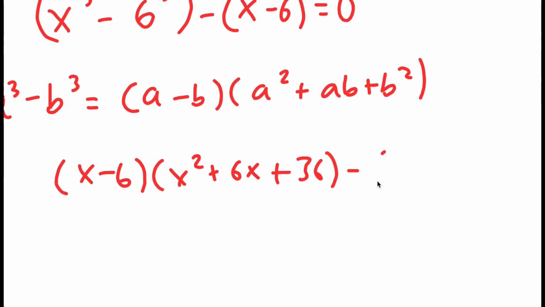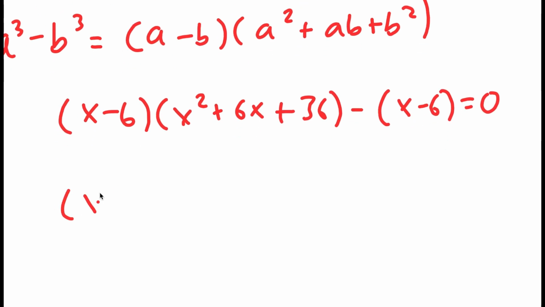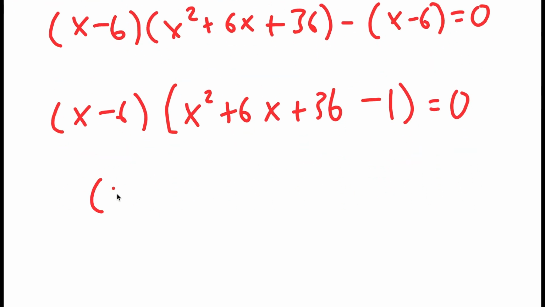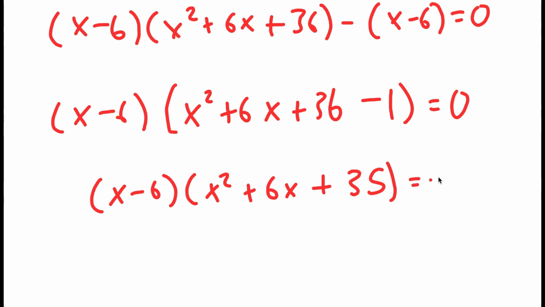I have this minus x minus 6. So now I get x minus 6 times x squared plus 6x plus 36 minus 1 is equal to 0. So I get x minus 6 times x squared plus 6x plus 35 is equal to 0.